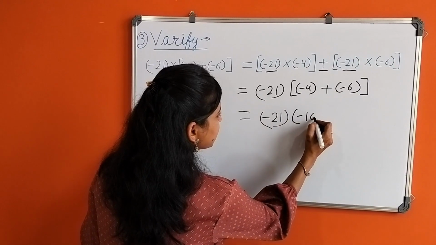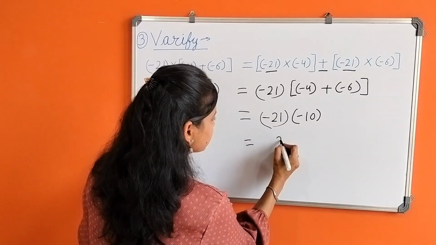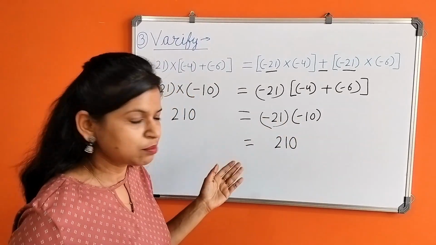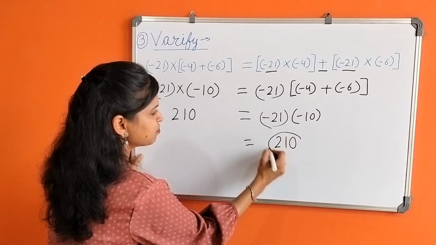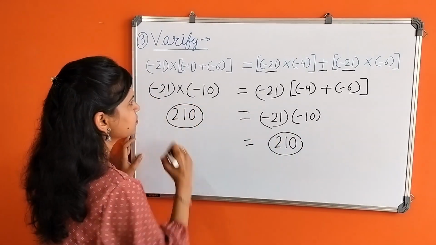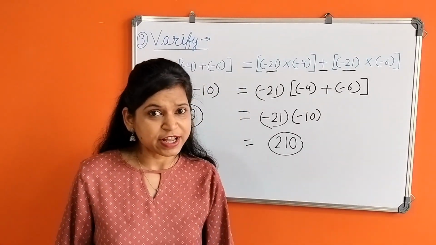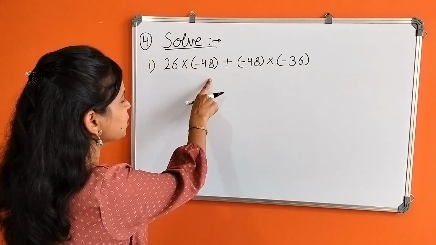So minus 10. Now 21 into 10 is 210. And minus into minus is plus. So both numbers are same. So these two sides are equal. Answer is verified.